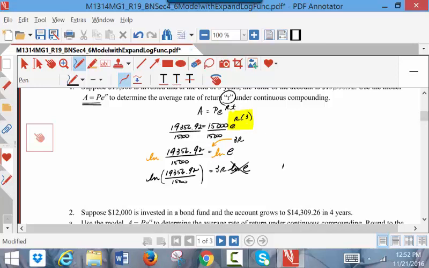So my r value, due to lack of space here, is going to be the natural log of 19,356.92 over 15,000. All of this, the natural log of that, all over 3 will give me a value for r.